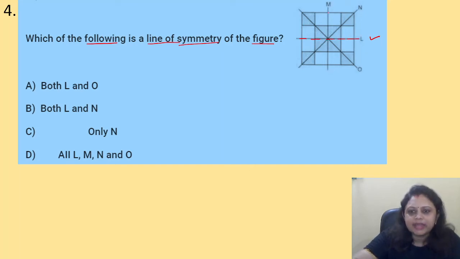Coming to this M, this is also dividing the image into two equal halves. Coming to N, it is also dividing it into two equal halves, right? And O, it is also dividing it into two equal halves. That means all of them are the line of symmetry for the given figure. So the correct answer is option D, that is all L, M, N and O.